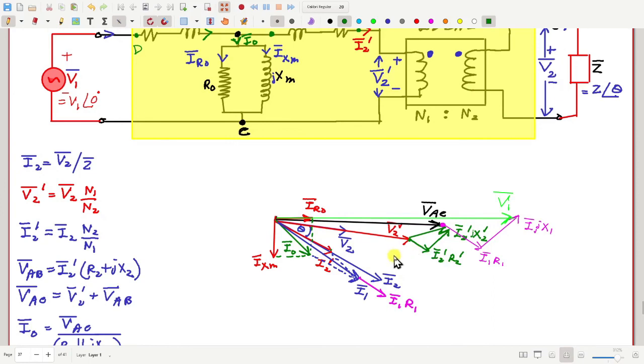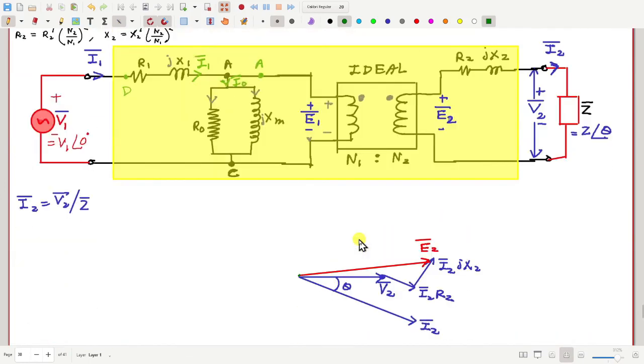I took primary voltage to be larger than secondary voltage. So if I follow the same convention, here again let the primary voltage be larger. So this will be E1 in the same direction as E2 but larger depending on the ratio of N1 and N2.